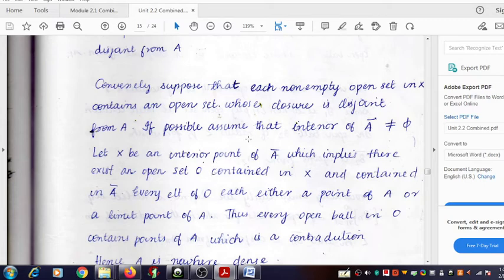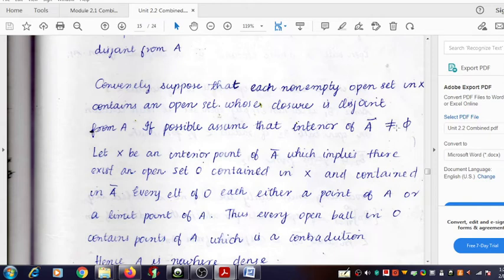So if possible, assume that A is not nowhere dense. That means the interior of the closure of A is not equal to phi. That means the interior of the closure of A contains some points.